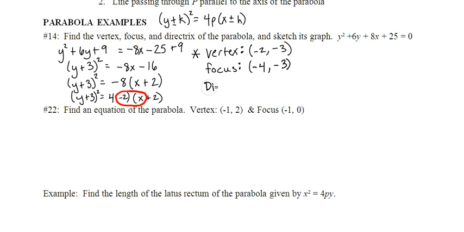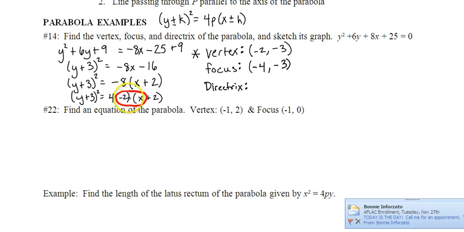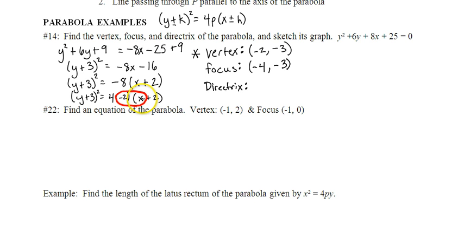Last thing to find is our directrix. And our directrix, remember, is the equation of a line. Well, I do the exact same thing, and I know that my p-value is negative 2. The equation of my line is either going to be vertical or it's going to be horizontal. Well, it's whatever variable is closest again.